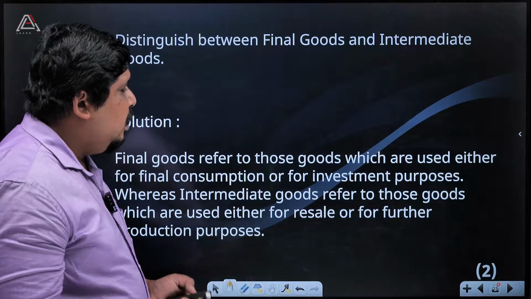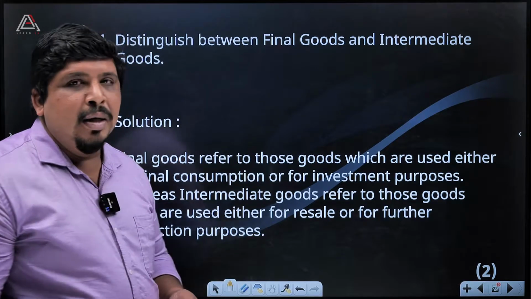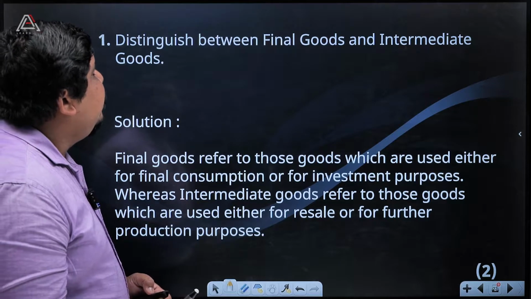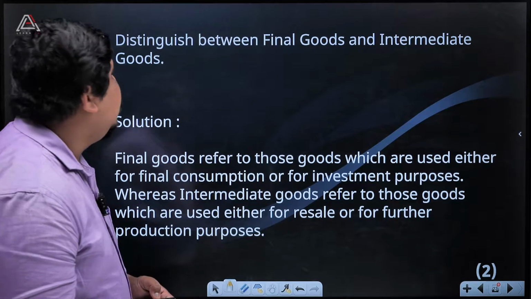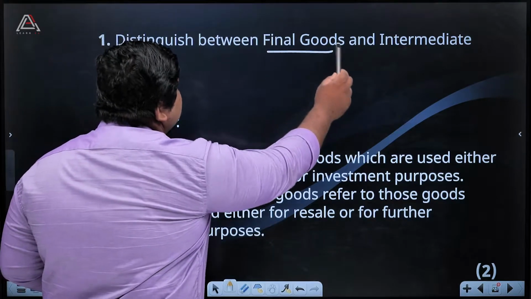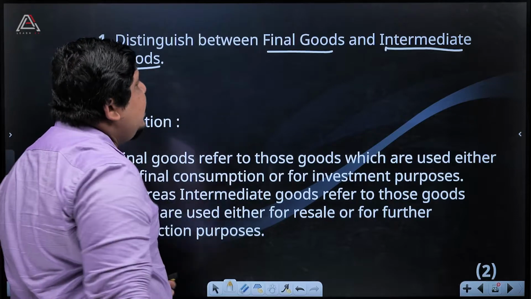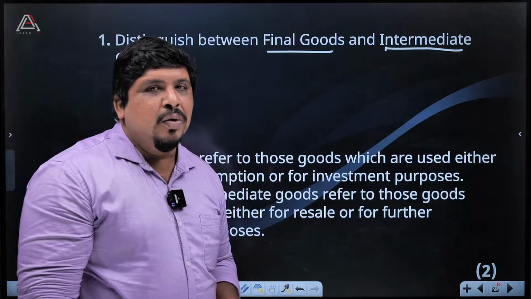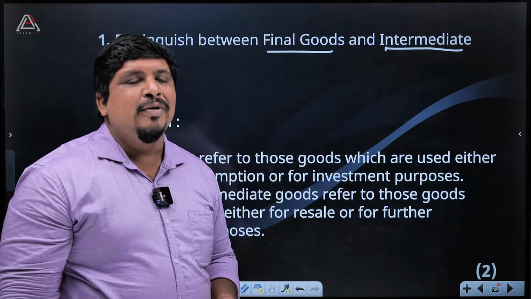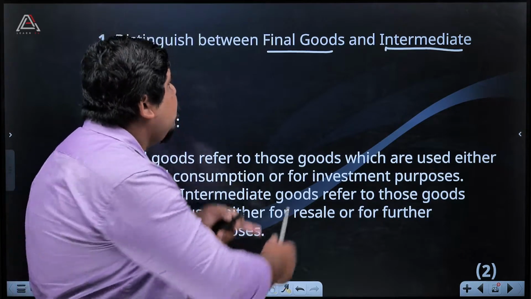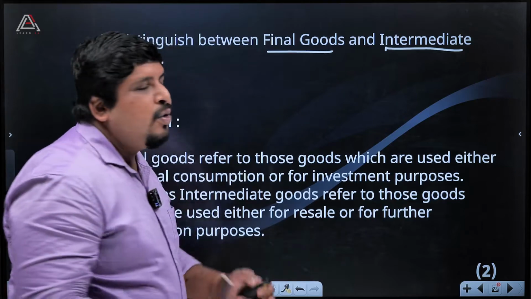First question of the very short answer type. We can check how the marks are distributed. First question: distinguish between final goods and intermediate goods. Two things are written here. We write about final and intermediate goods in 2 points.